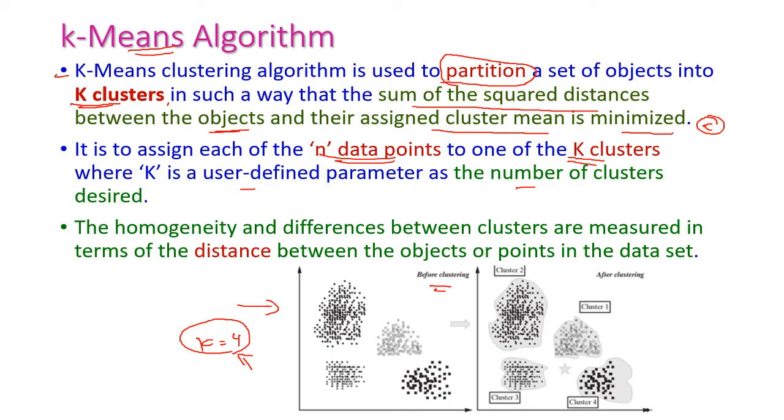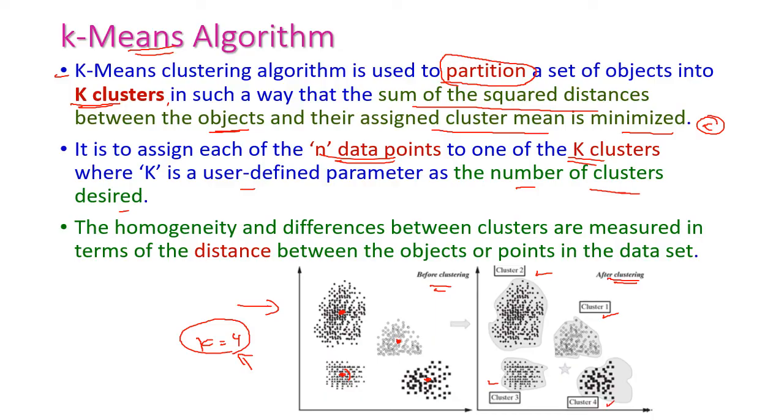Here k is a user-defined parameter that defines the number of clusters desired. For example, we can randomly select 4 points and try to assign the nearby data to each particular cluster. After performing the clustering algorithm, all the data points will be assigned to cluster 1, cluster 2, cluster 3 and cluster 4.